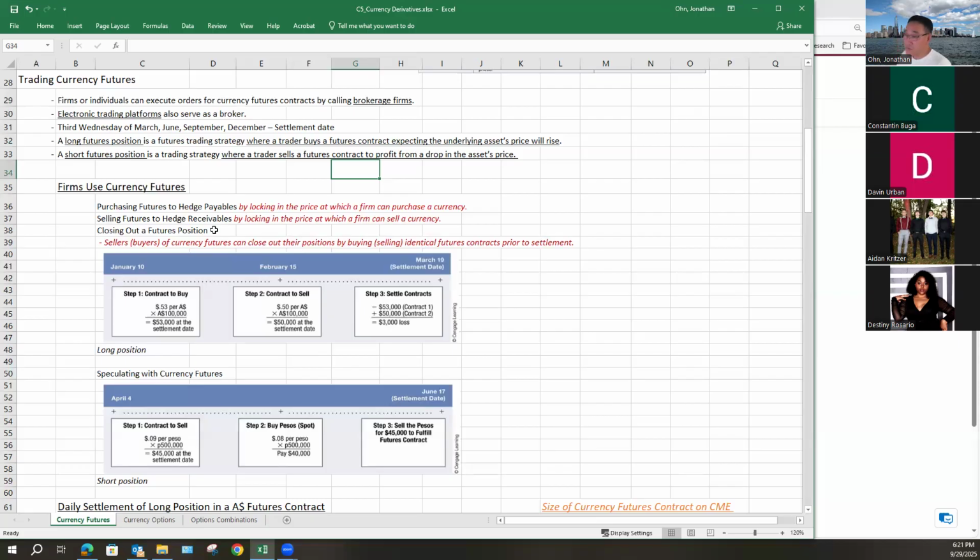Then what you do is sell a futures contract, so that you lock in the price at which you can sell the euro in 3 months.